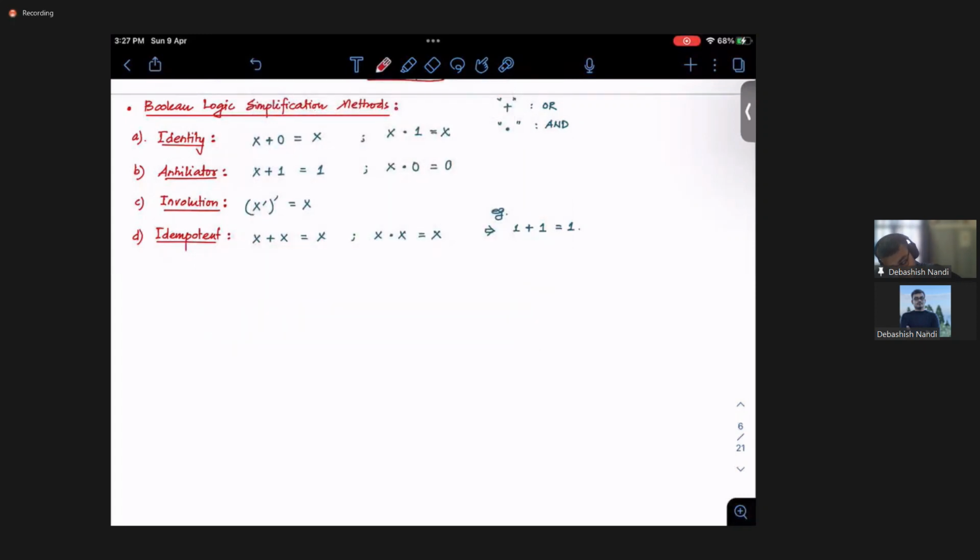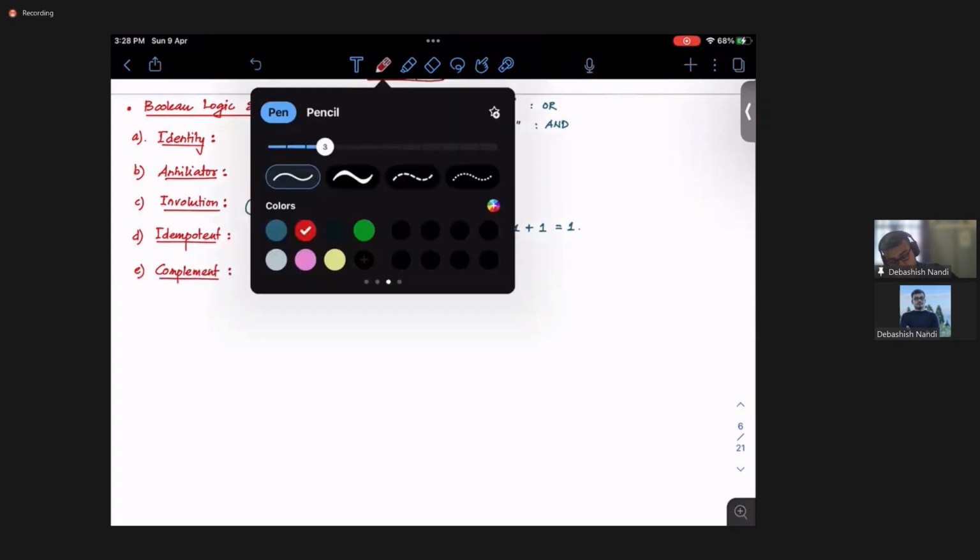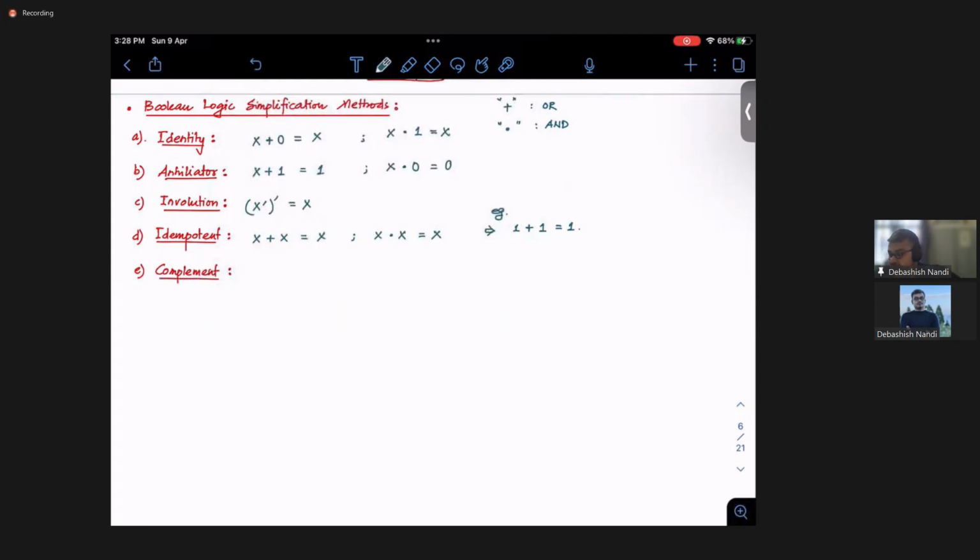So the next property is your complement. Okay, and what is that property? Complement says that if you OR x and not x, it will return 1, right?